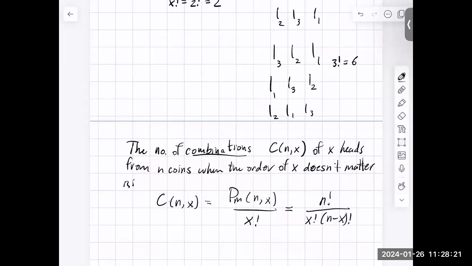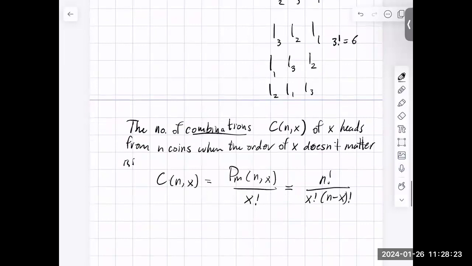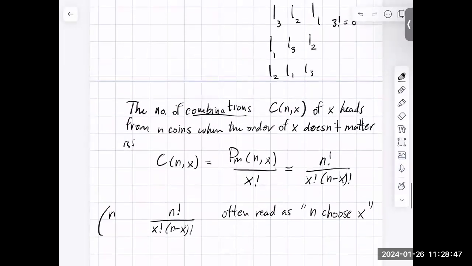Yeah, N choose X. So this N factorial over X factorial, N minus X factorial is often read as N choose X. And it's also often given this kind of funny notation.